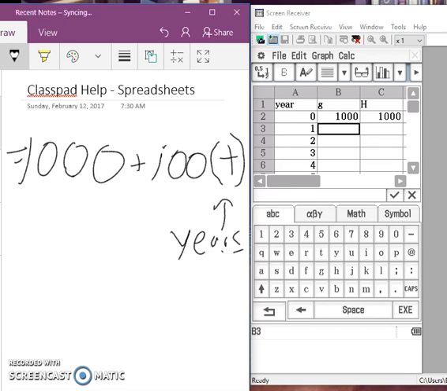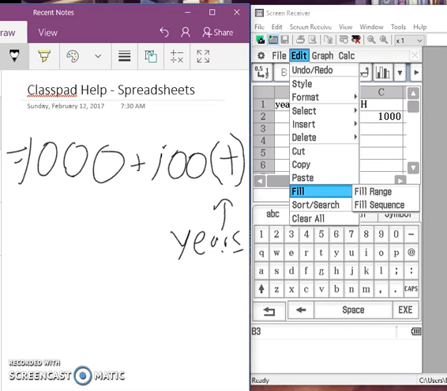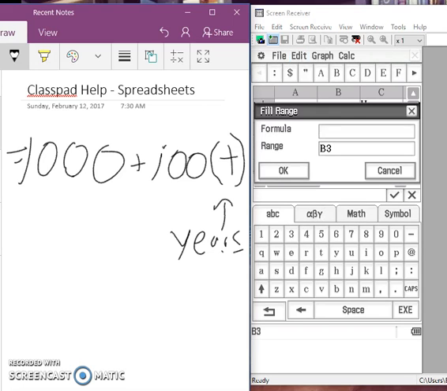We can make it automatically fill as well. So once again, we go up to Edit. We're starting in B3, that's our first year for Gemma. So we go Fill Range. For our equation, we start with our equal sign, 1,000 plus 100 multiplied by whatever year it is.